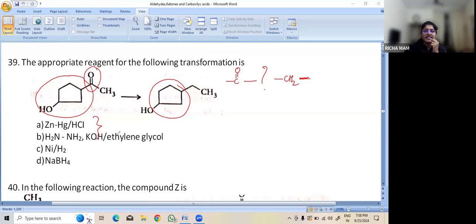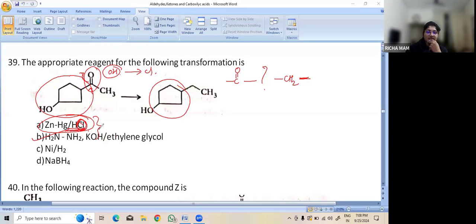Both these reagents can be used, but the best reagent for the transformation is hydrazine, because if we use zinc amalgam in the presence of HCl, there is a Cl minus ion, right? What will happen? The carbonyl carbon group will become OH, and in case you use this reagent, the OH will be replaced by Cl.